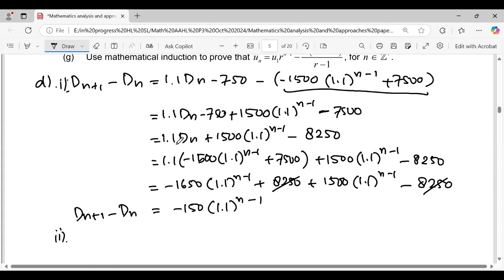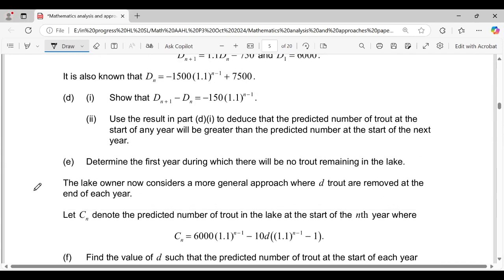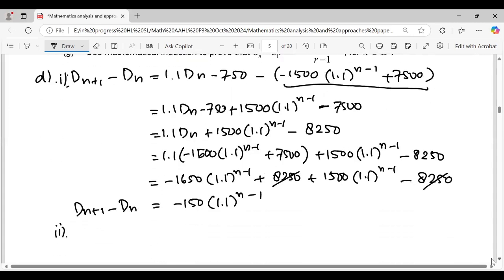Part 2. Use the result in part 1 to deduce that the predicted number of trout at the start of any year will be greater than the predicted number at the start of the next year.